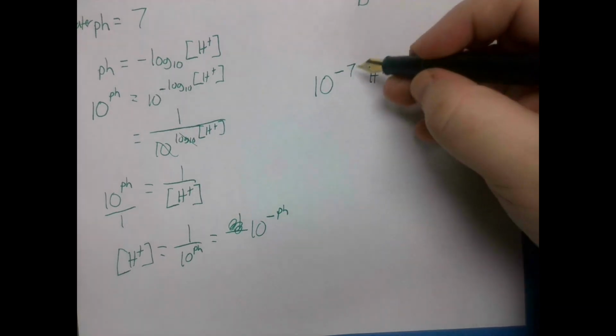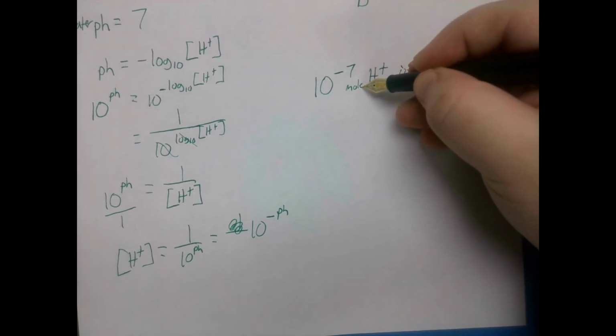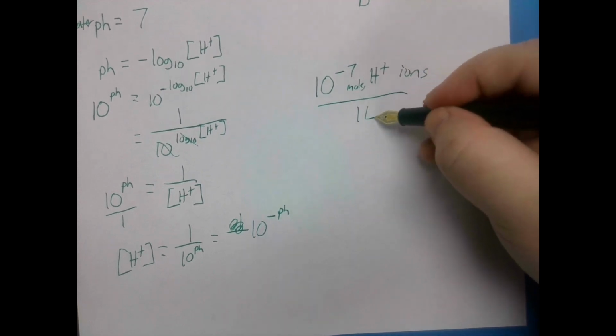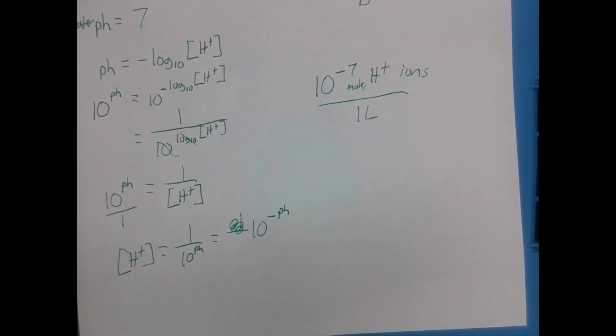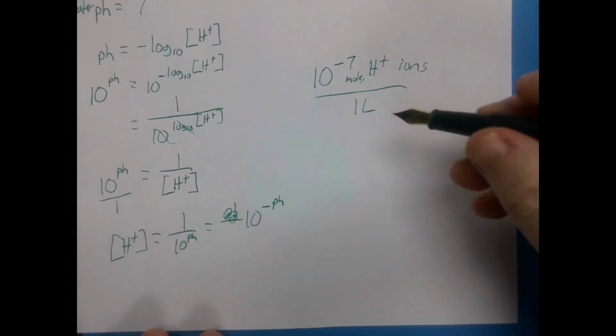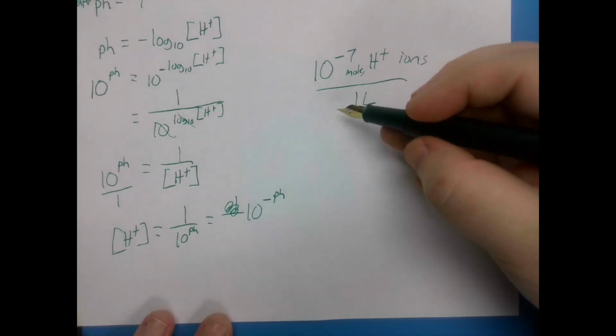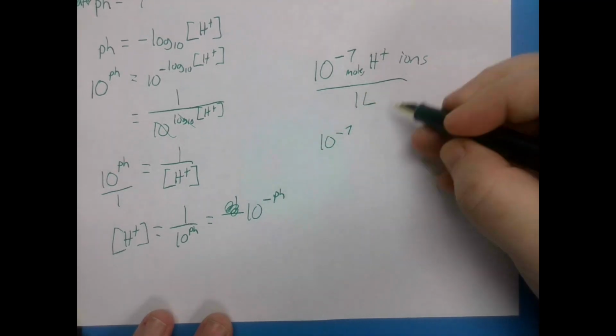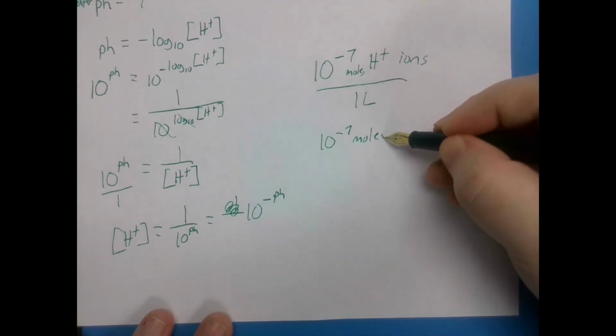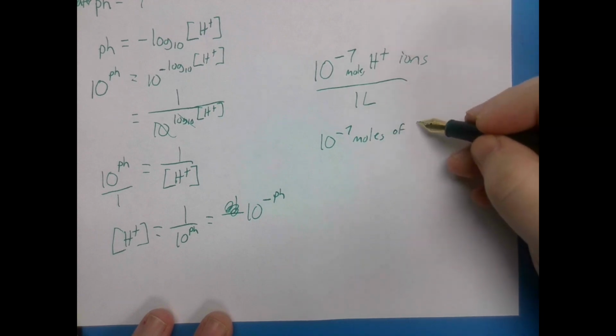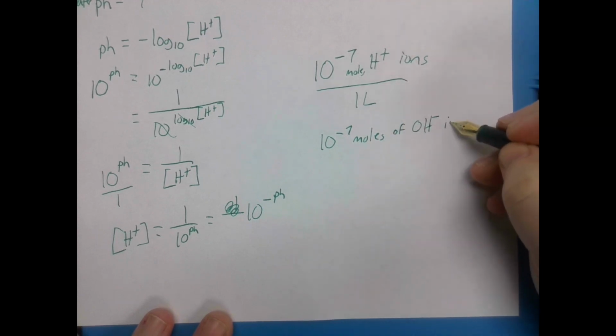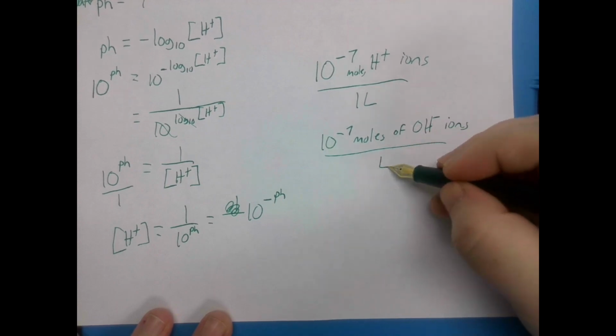And this will be moles per 1 liter. Likewise, it has 10 to the negative 7 moles of OH ions per 1 liter.